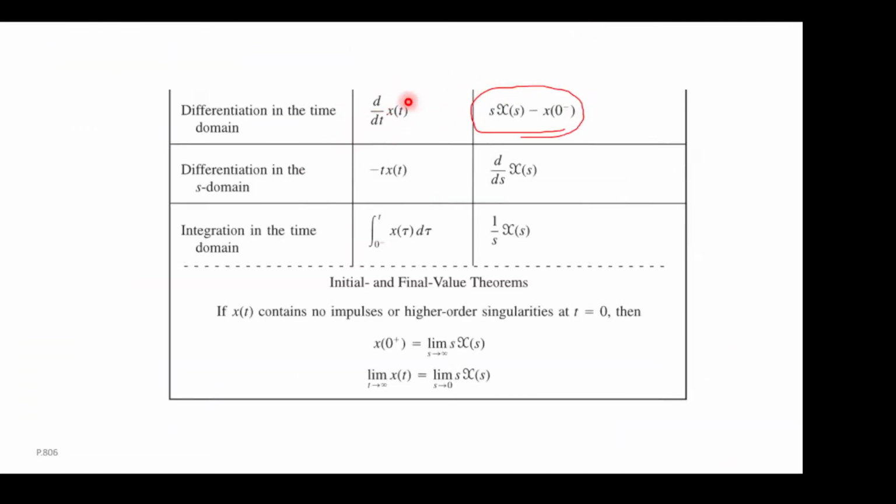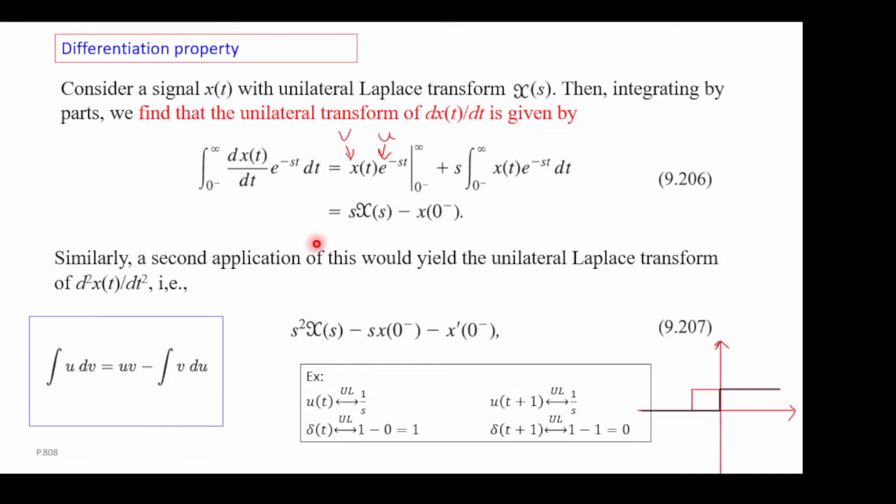The derivative dx/dt under the unilateral Laplace transform goes to s times big X of s minus x of 0 minus. And if you do the second order, then you get s squared big X of s minus s x of 0 minus, minus x prime of 0 minus, where x prime is dx/dt. Okay? And we had some examples that give you some intuition about this x of 0 minus, which extends around 0.